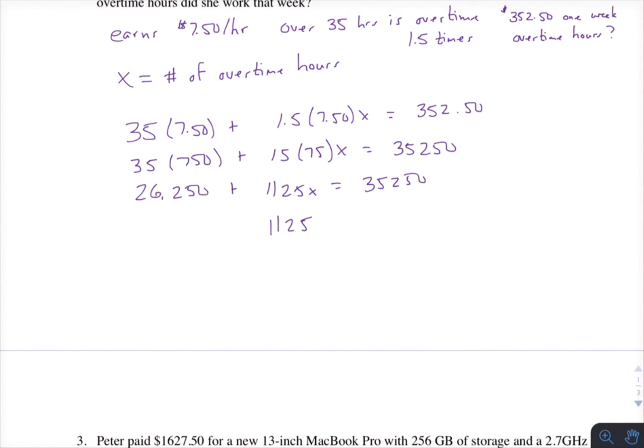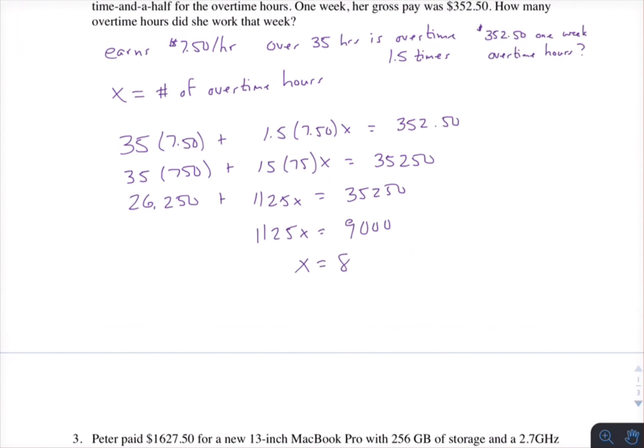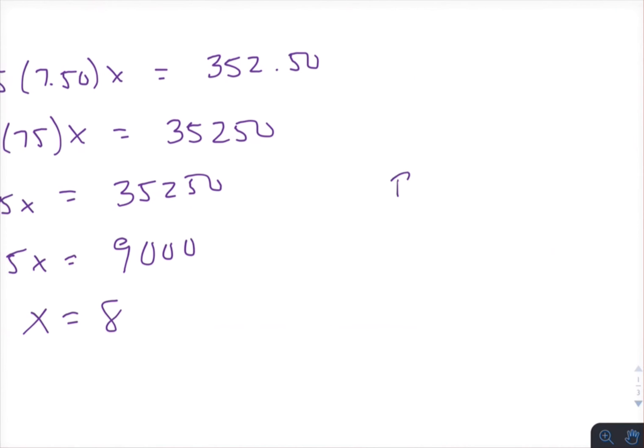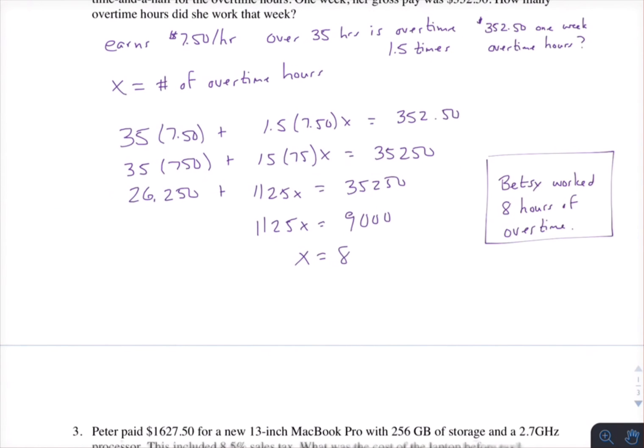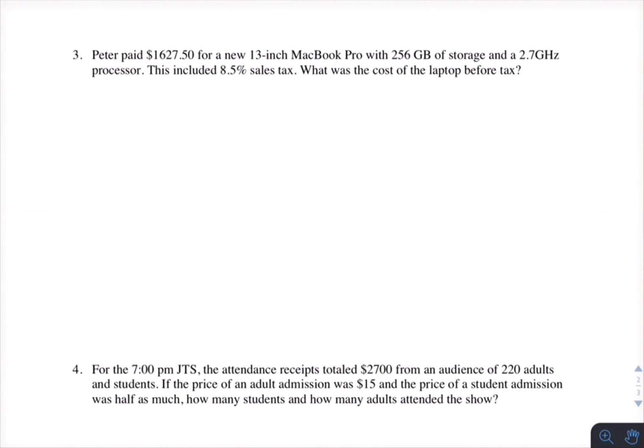So 1125x equals 9,000. And then it looks to me like that goes in 8 times. And x was the number of overtime hours, so we can say that Betsy worked 8 hours of overtime. Cool. All right, just 2 more to go.